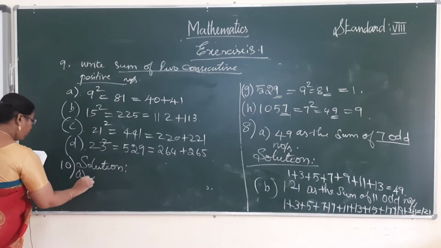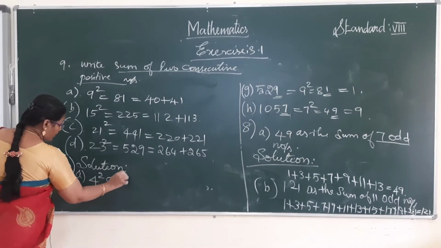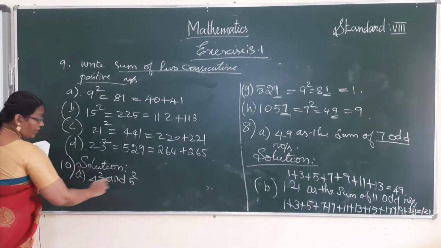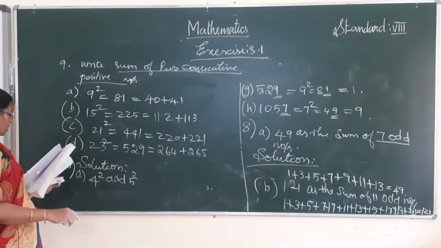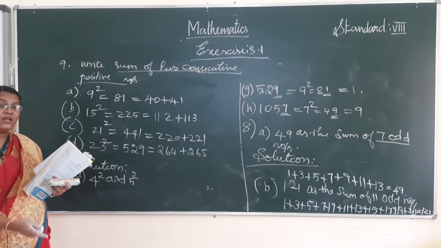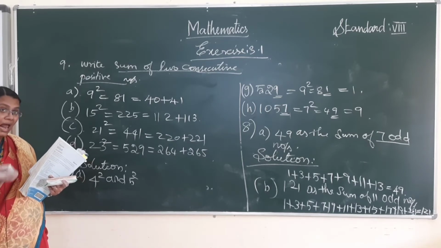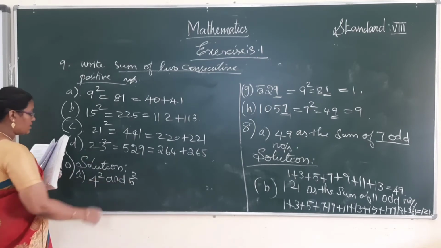A is 4 square and 5 square. 4 and 5 are consecutive numbers. So how many numbers lie between these two squares?